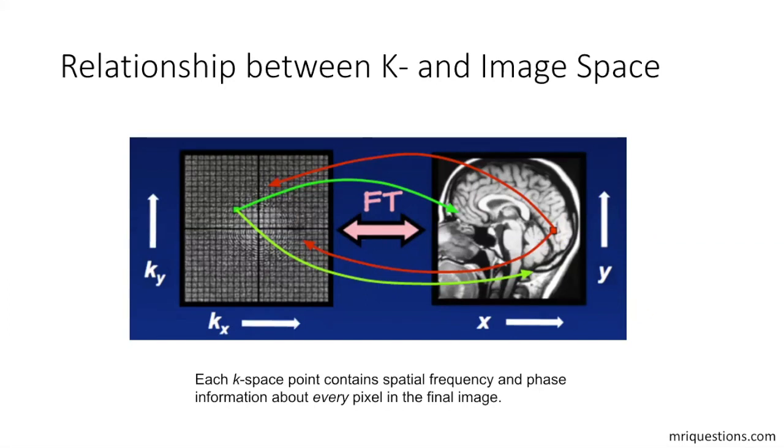And conversely, the red square in our image is made up of information from multiple parts of K-space. And this will become important, for example, if you see any RF interference artifacts, such that any small intensity change in K-space can have an effect across our whole image. But I'll get to that a little later.